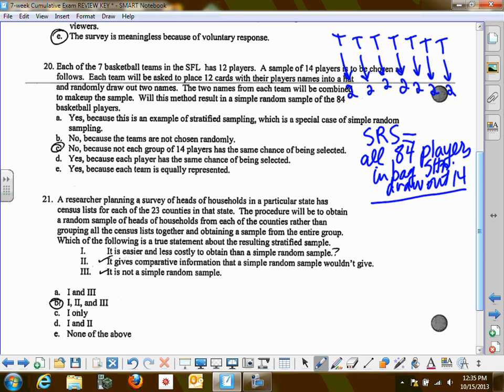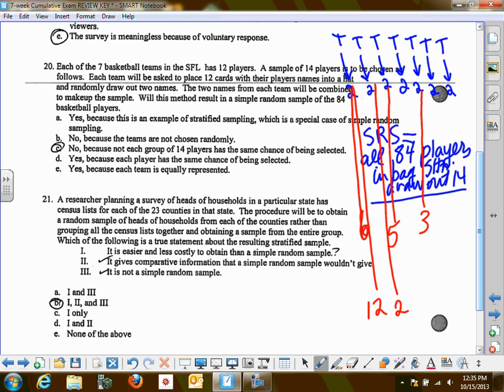When you do that, is it possible that you get 6 from this team and maybe 5 from this team and 3 from that team? Is it possible to only have 3 teams out of the 7 represented? Absolutely. Every possible combination of 14 could happen. You could even have something really weird, which would be, maybe you get all 12 of that team and just 2 of that team. Okay, but here's the key.